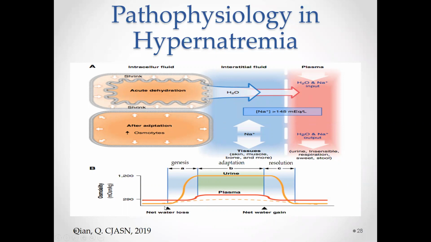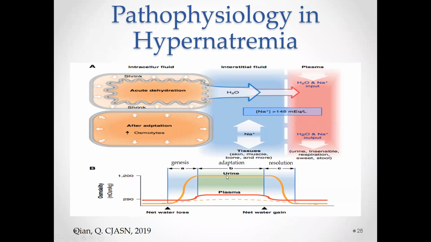What our body does, here's figure B, looking at osmolality over the time frame. The moment the hypothalamus senses an increase in osmolality, ADH will be released, and as you can see here, the urine osmolality will go up accordingly.